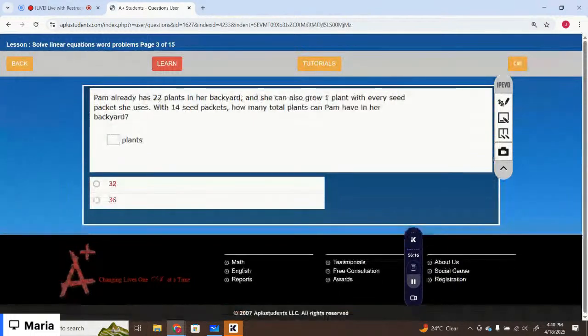Pam already has 22 plants in her backyard. She can grow one plant with every seed packet she uses. With 14 seed packets, how many total plants can Pam have in her backyard? So 22 plants she already has, right?